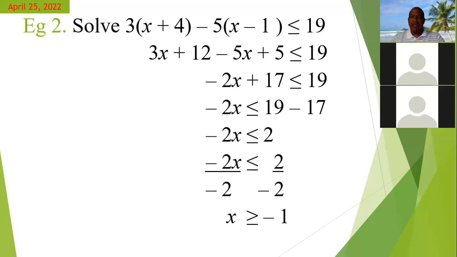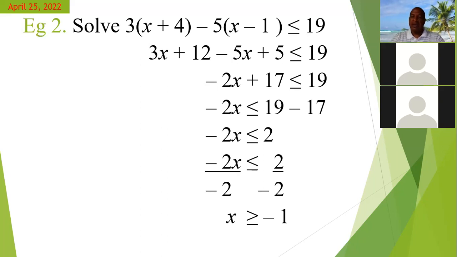Now, when we're dealing with inequality, our values for x are not just one value. When you think about what the statement is saying, x is a value greater than -1 or equal to -1. Can you think of all those values that are greater than -1 and equal to -1?